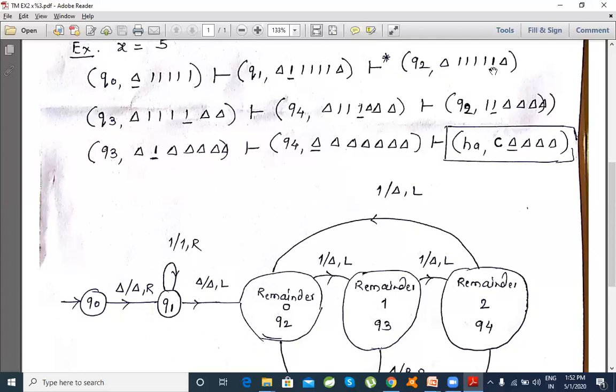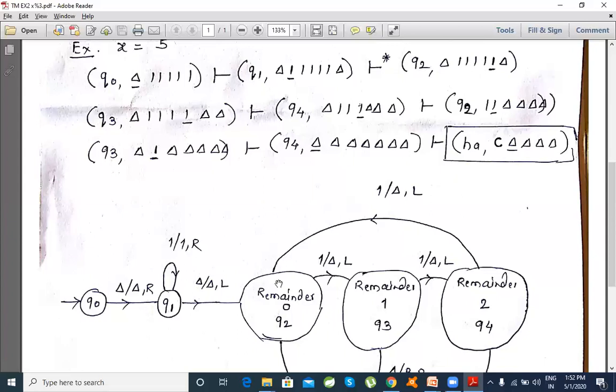Now from this process onwards, we'll try to read how many ones we have seen. Being in Q2, if we receive one, what is the corresponding action to be taken? I am nullifying this one, meaning I have processed this one.